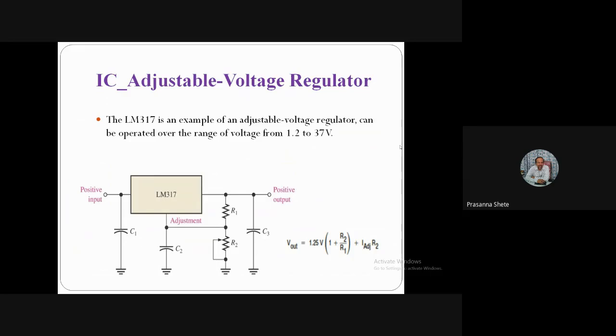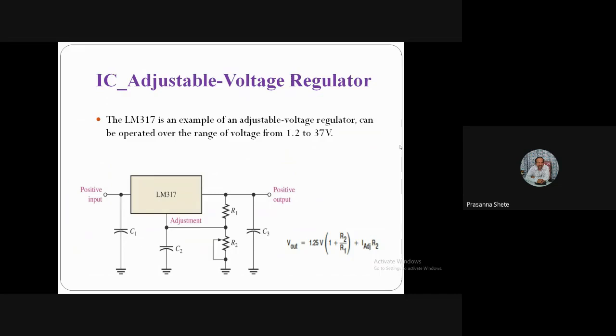In fixed voltage regulator, if my output is 5 volts, I cannot use that particular IC for maybe 12 volts, maybe for greater than 5 volts, like 8 volts or so on. So I have to go for another IC in that case. But here, by using this IC LM317, the output can be adjusted from 1.2 volts to 37 volts. So we have a wide range of output voltage.